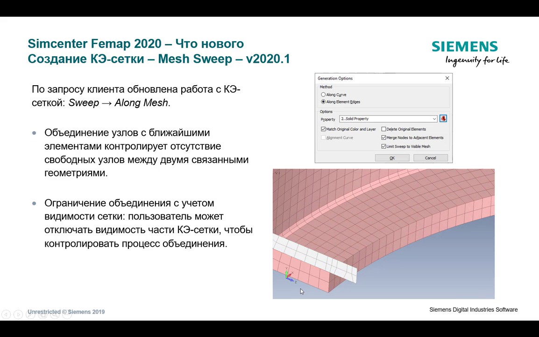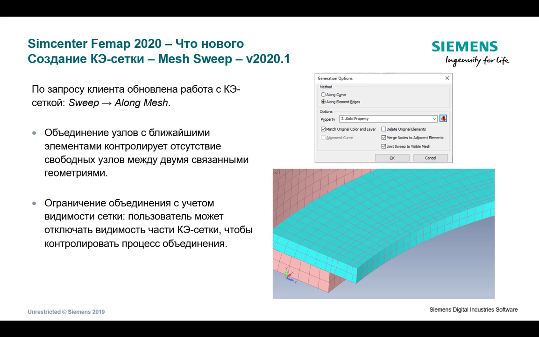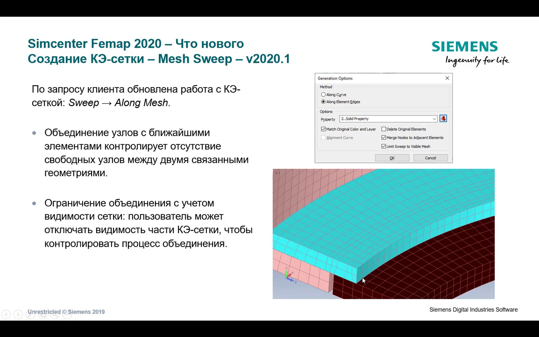If we turn on limit sweep to visible mesh, then we can see as the sweep occurs, it's only going to sweep it along this peach colored mesh or this mesh over here and be all consistent. And then you can actually see that it doesn't match on this side, but that was the intention.